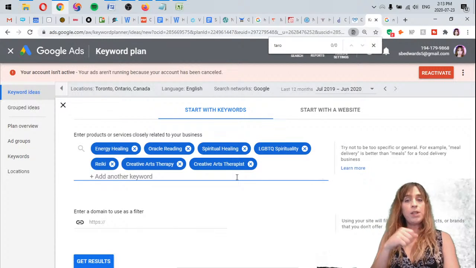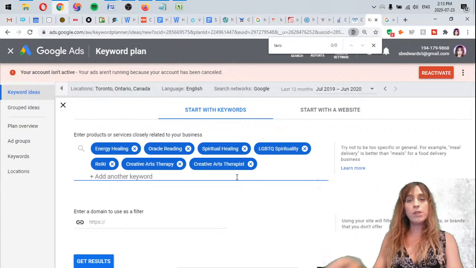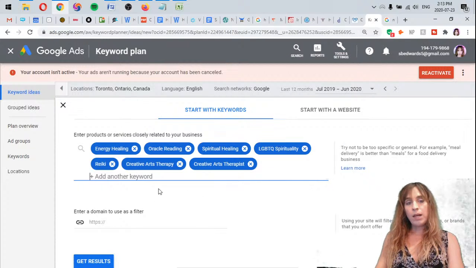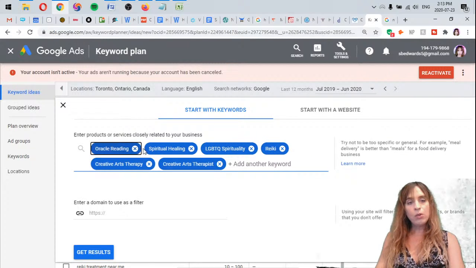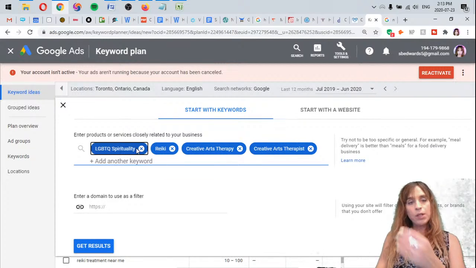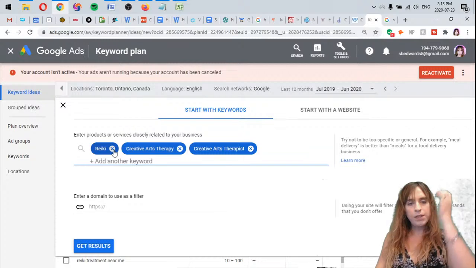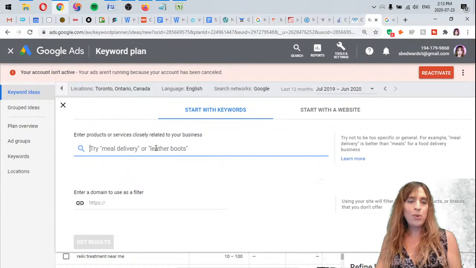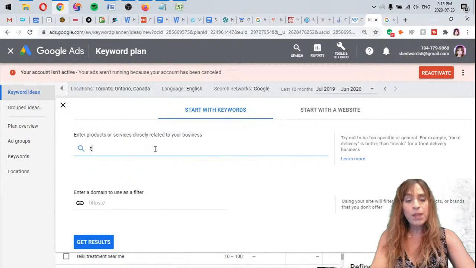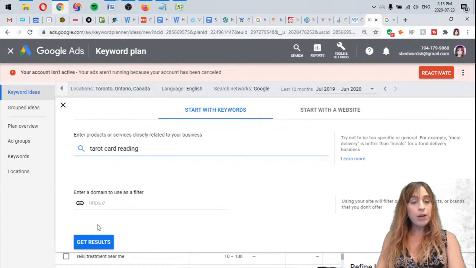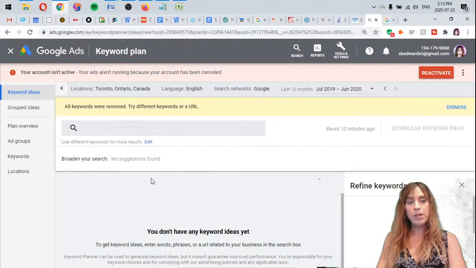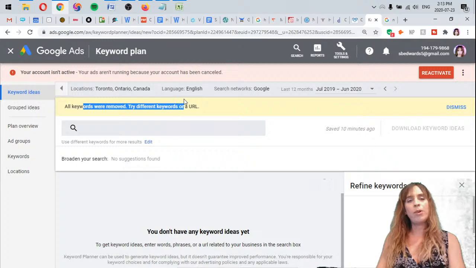For some reason, Google AdWords, as you can see, they've removed the keywords. So I'm gonna do this again. I'm gonna show you something. Google AdWords removes certain keywords that they find, I don't know, maybe they find it distasteful or something. This is my theory. I'm pretty sure this is going to be the case. All keywords were removed. Okay.